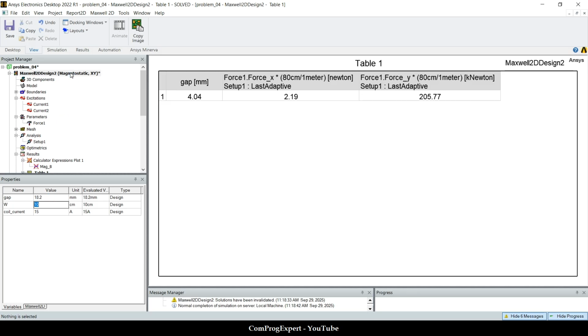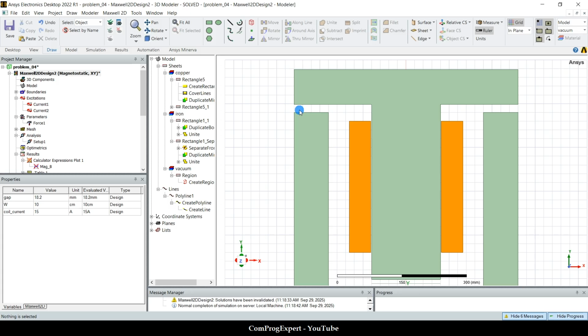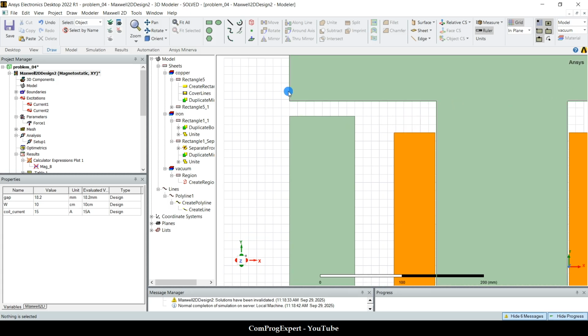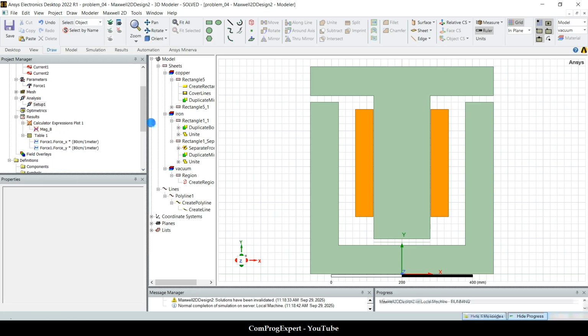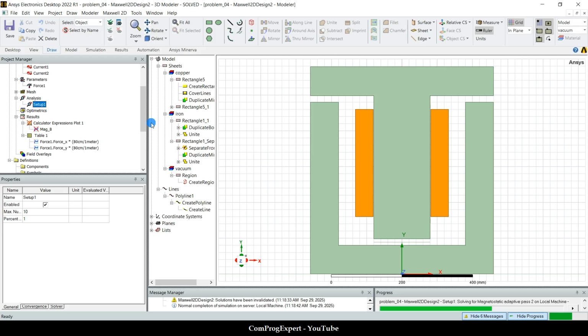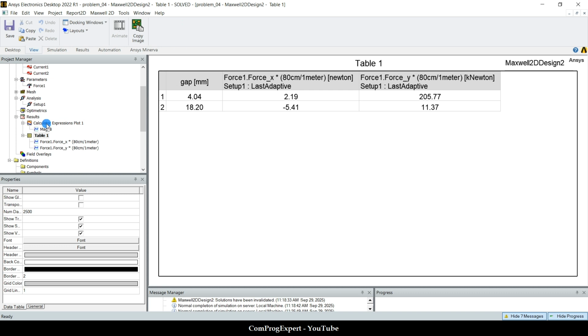Let's test in the software. 18.2, the new air gap thickness. In this case, because we have a higher air gap thickness, we have fringing effect. So let's rerun the simulation and compare the numbers. Can this structure generate 9.8 kilonewton or not? For this case, the value of the force in the y direction is 11.3.